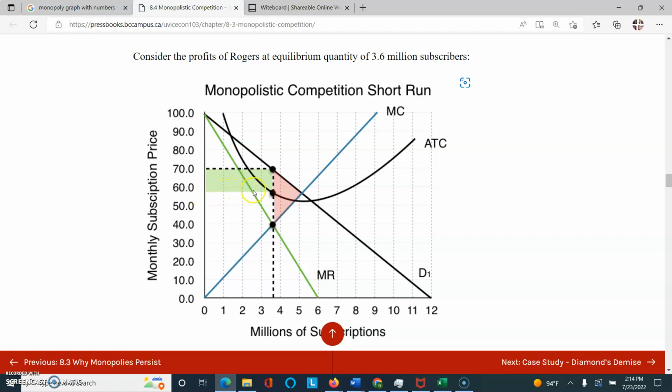So in this case, it's 60. Okay, so P minus ATC is this height here. The Q is the 3.6 million, that's this distance here. So if I simply multiply that, it's actually just this rectangle, right? Because I have a height times a base, right? So if I multiply those two numbers, I get the area of this rectangle.